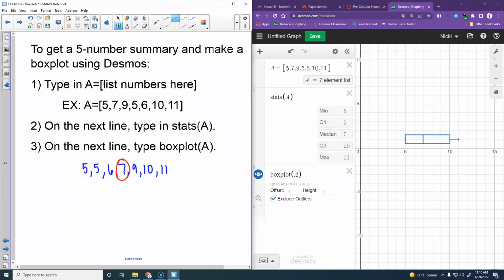There's your median. So halfway, this is only 3 numbers, so that Q1 is the middle of it. Q3 would be 10. So yeah, this happens sometimes where your minimum and your Q1 actually end up being the same, particularly if you have a lot of repeated data.